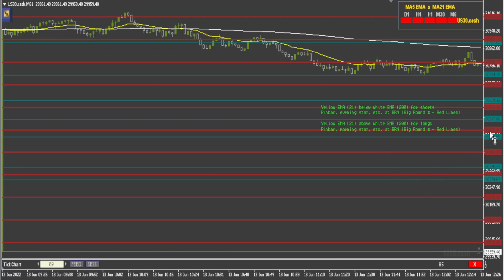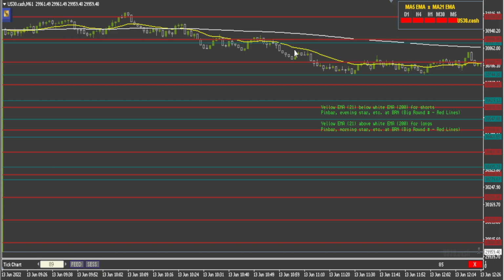Here I have one at, this is the Dow, by the way, at 33,500, 33,600, 33,700, 33,800, 33,900, 34,000, so increments of 100. And then we have the white EMA, which is the 200, and the yellow, which is the 21. So those are the only three things we're going to use besides a couple of price action patterns.